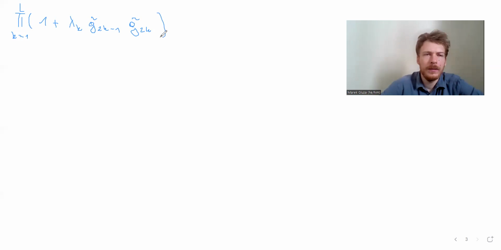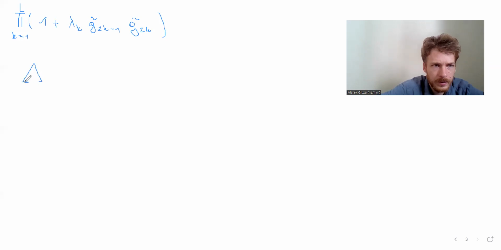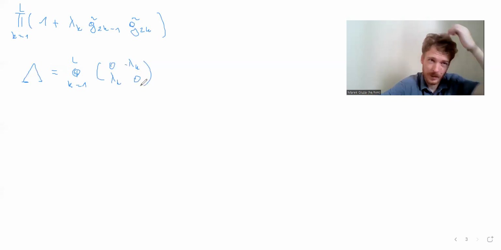So now let's try to make an exercise to connect this with lambda, and in particular, let's check the sign. So I think in the session, I was writing k from 1 until here, and 0, lambda k, and here I was putting the minus. So let's see whether this will work out.